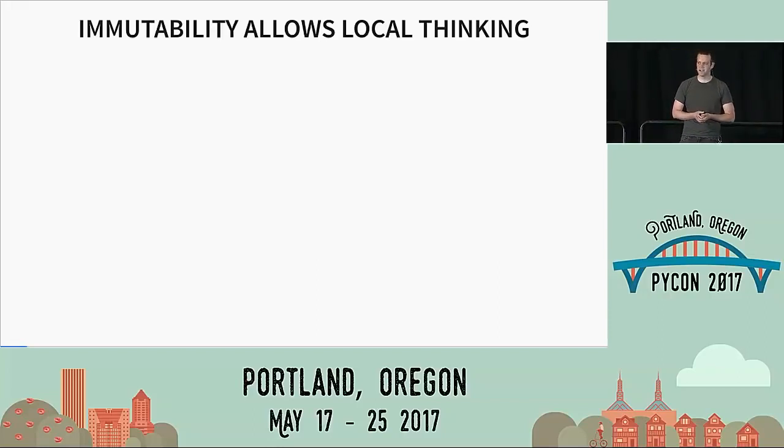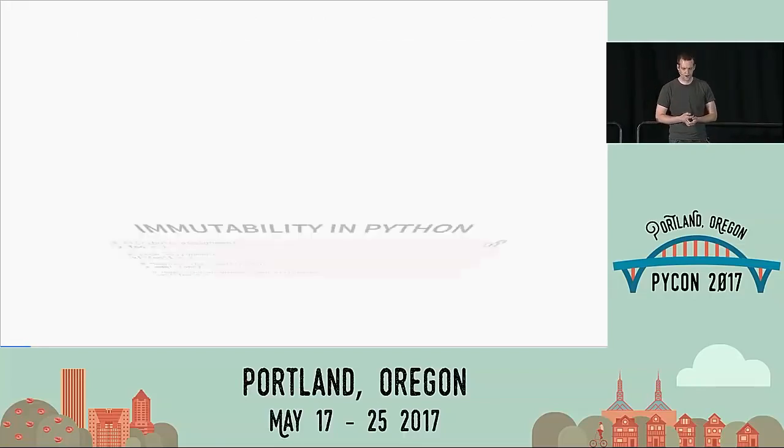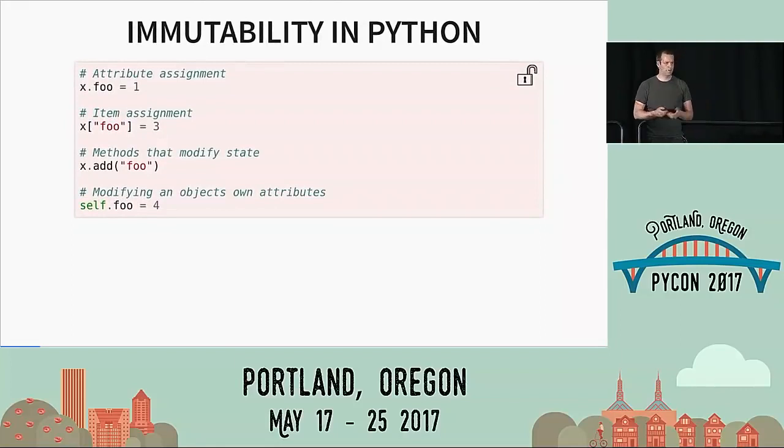On the other hand, if someone hands you an immutable value, it's basically a brick. It's just going to sit there. It might have some numbers painted on it, but it's solid. Nothing can change, and that means you can build on top of it safely. So to start, what are signs of mutability in Python?